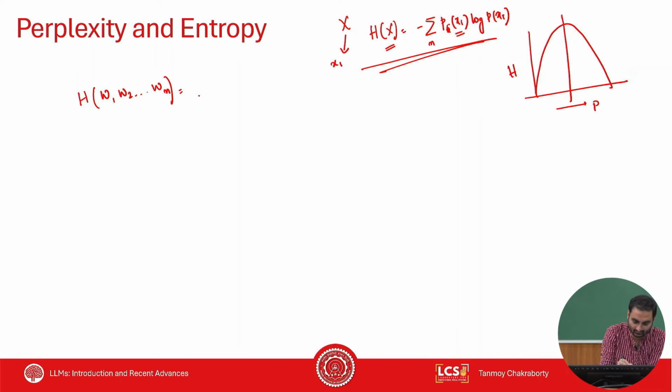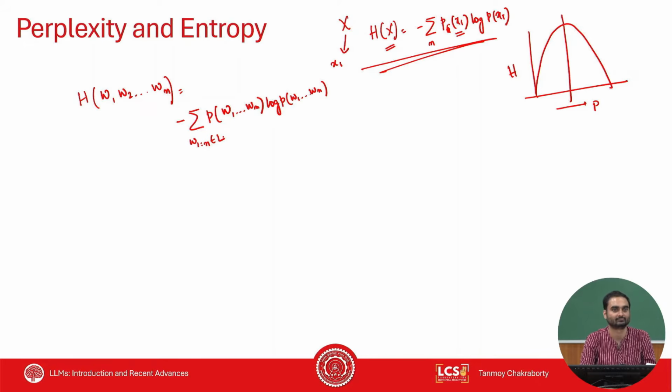This is the same as minus the sum of p of w1 w2 ... wn, log of p of w1 w2 ... wn, for all such sequences of words which belong to the language L. You all agree with this equation, right?